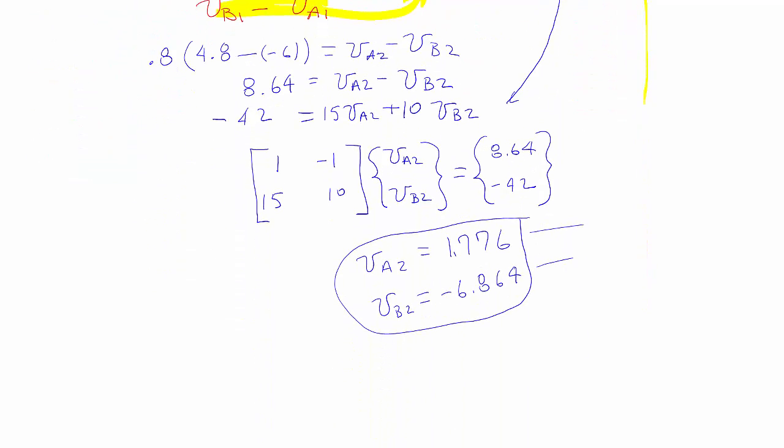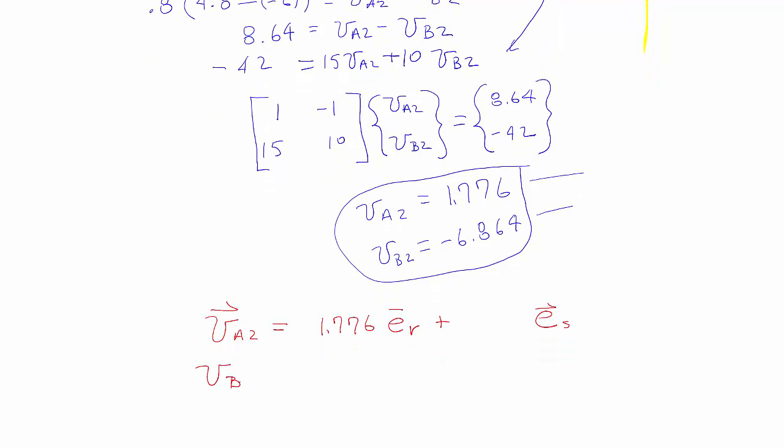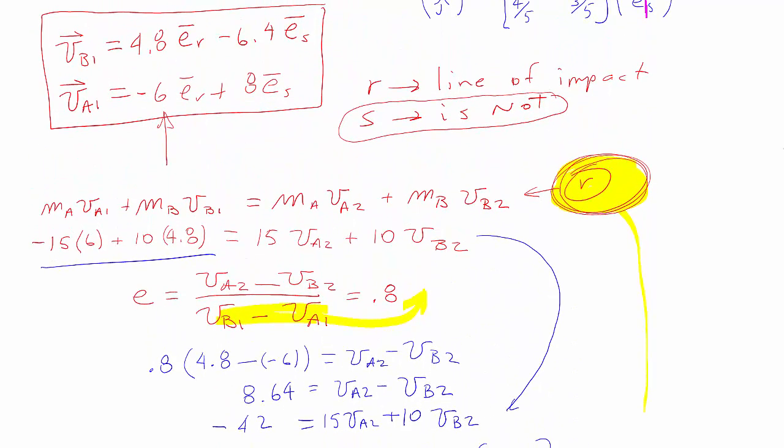So I need to write this down, that VA2 in a vector form is 1.776 ER plus something times ES, and likewise VB2 is equal to minus 6.864 ER plus something in the S. Now, since there were no impacts along the S direction, there's no momentum to exchange, there's nothing going on there, you simply copy those down.